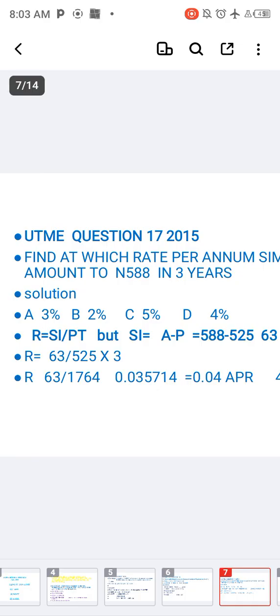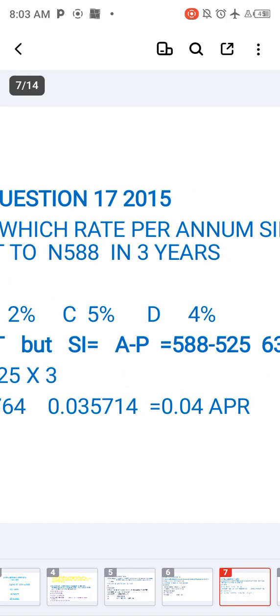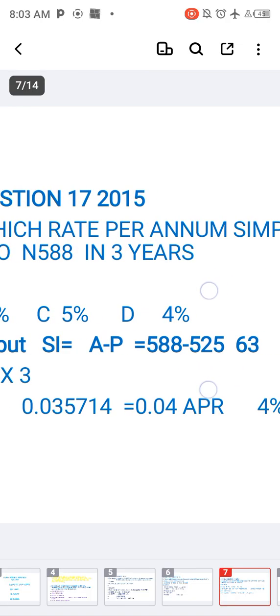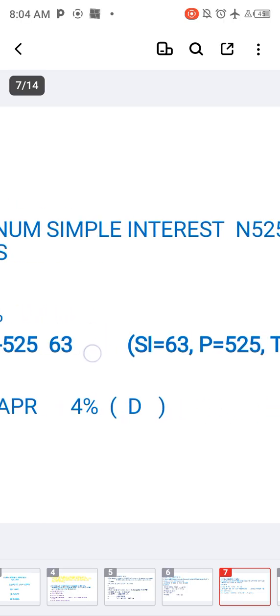The amount here is 588 and the principal is 525, so the interest becomes 63.